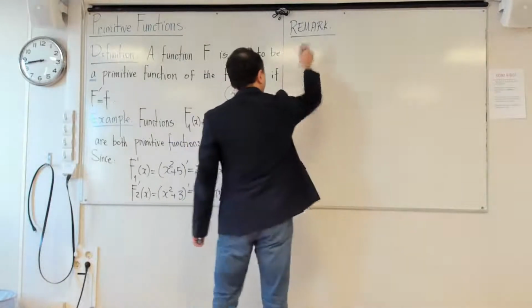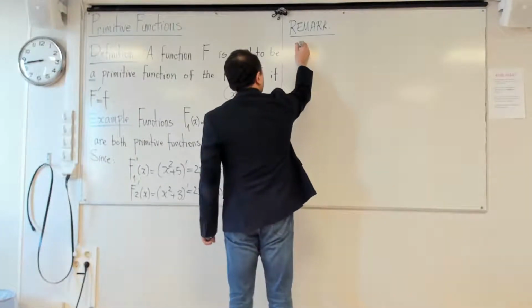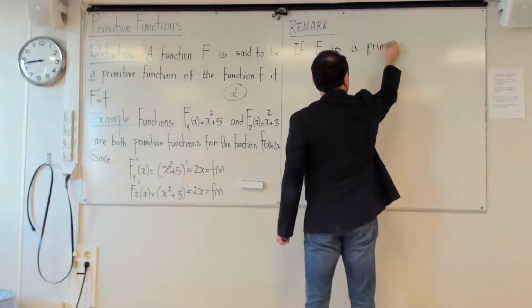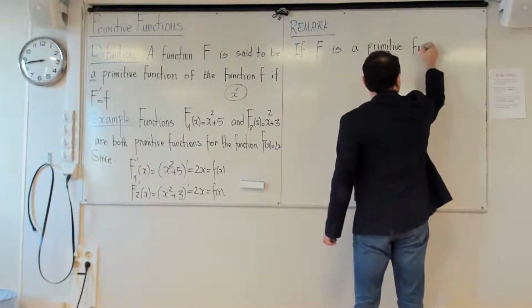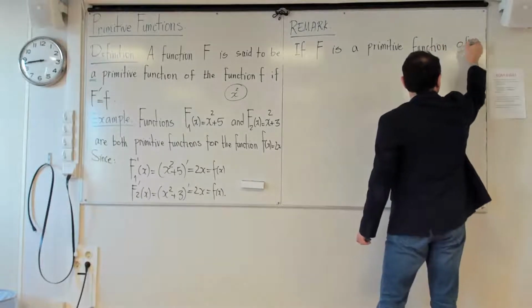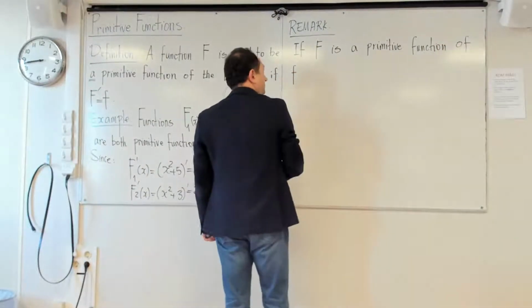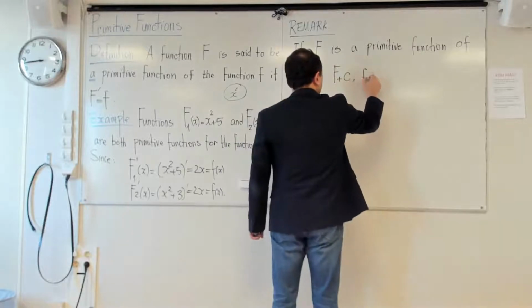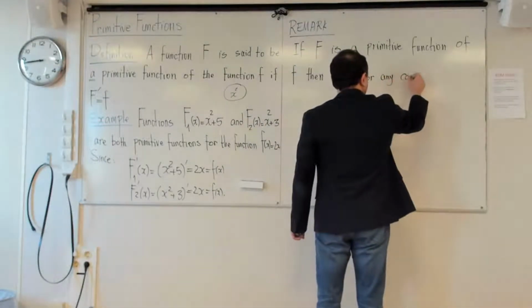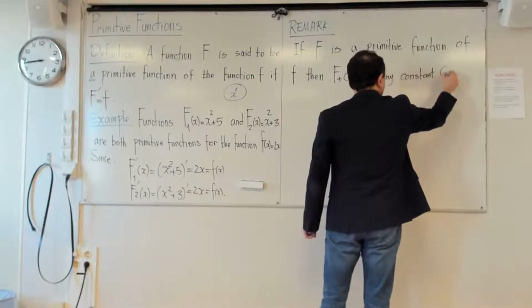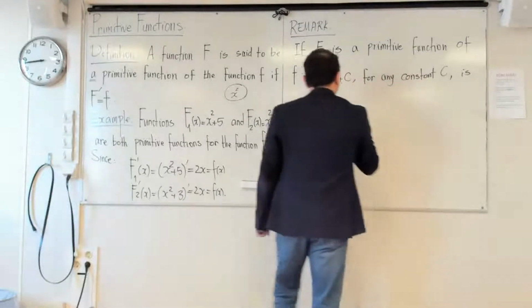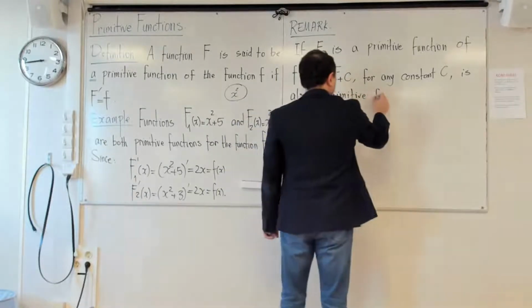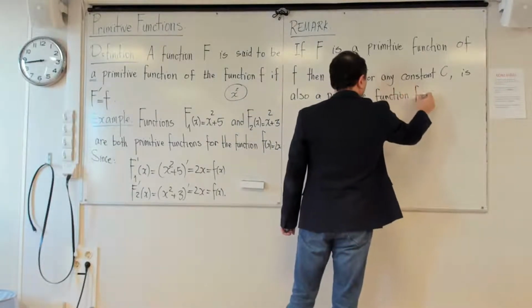Okay, so the remark is this. If F is a primitive function of f, then F plus c, for any constant c, is also a primitive function for little f.